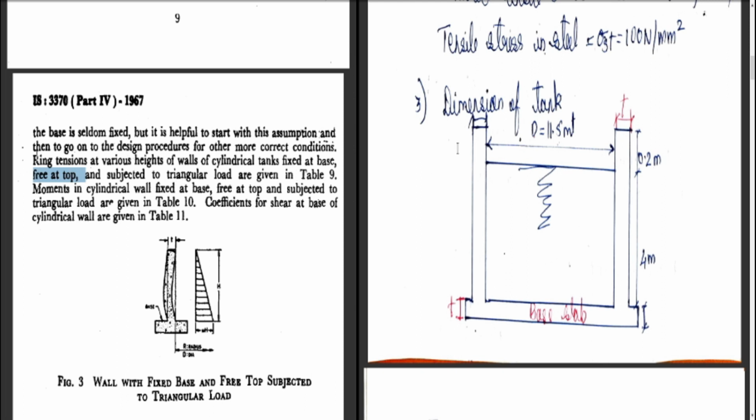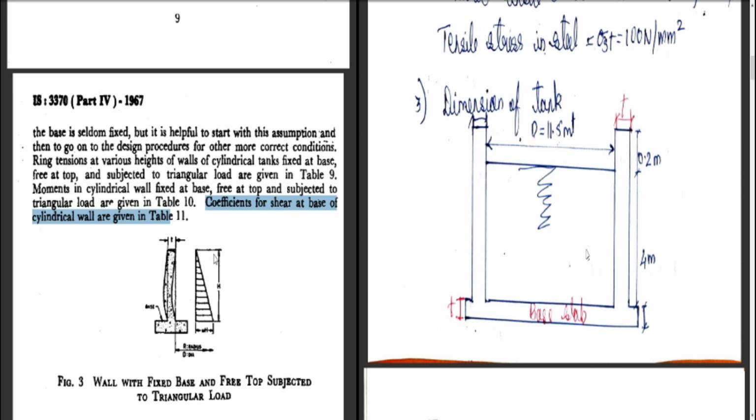So remember, the ring tension has to be computed according to the table number 9 which is given in this code book. Then the moment in a cylindrical wall for fixed base, free top and triangular load is given in table number 10. So remember, the bending moment in the walls is given in table number 10. Then the coefficient of shear at the base for a cylindrical wall is given in table number 11.